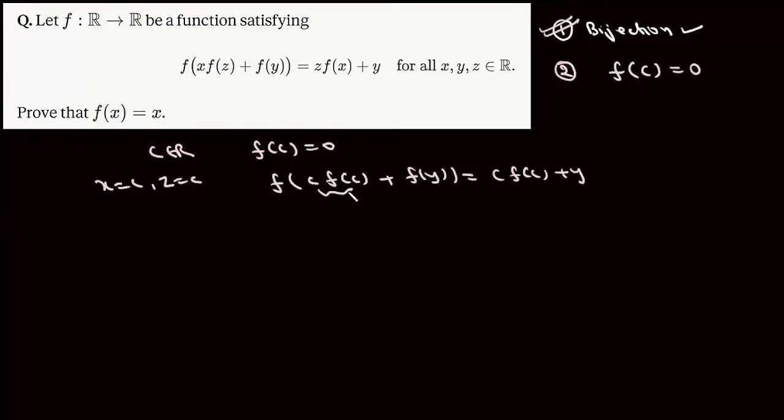Now f(C) is 0, so this is 0 and this is 0. So from here we can write f(f(y)) will be equal to y for all y belongs to R. That means f is an involution.